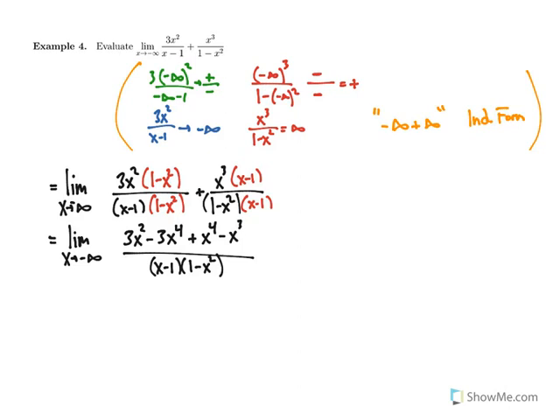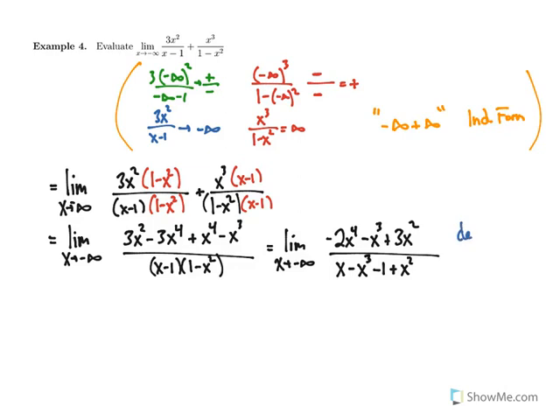And at this point, I guess maybe we should simplify first. The top we can rewrite as negative 2x to the fourth minus x cubed plus 3x squared. And the bottom we can write as x minus x cubed minus 1 plus x squared.